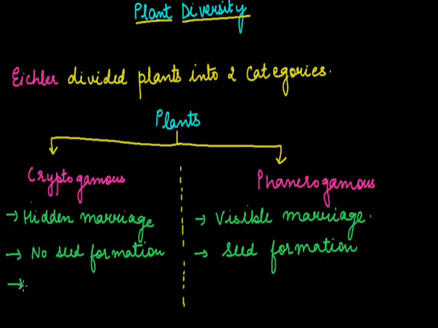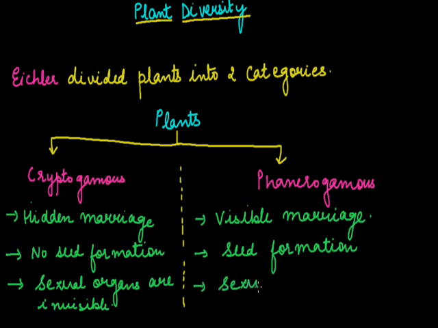In cryptogamous, the sexual organs are invisible, whereas in phanerogamous, the sexual organs are visible.